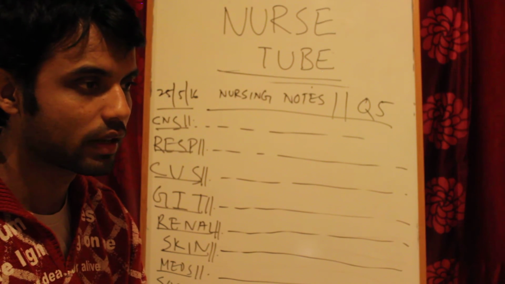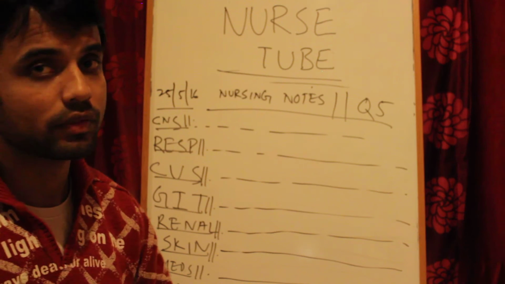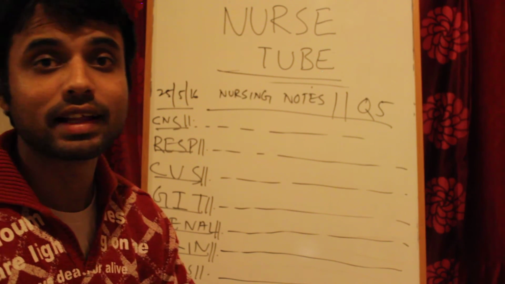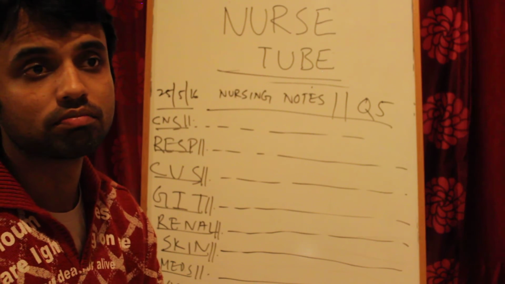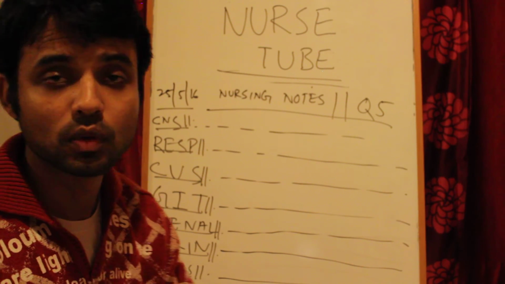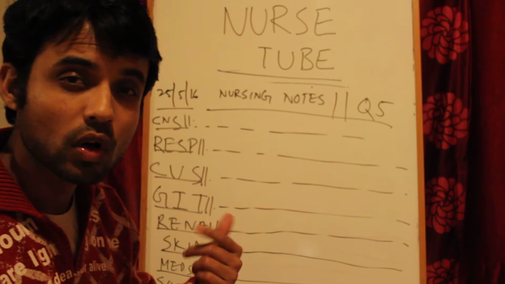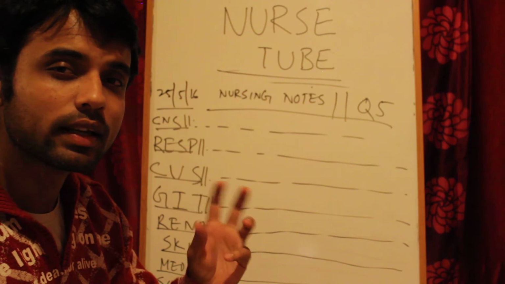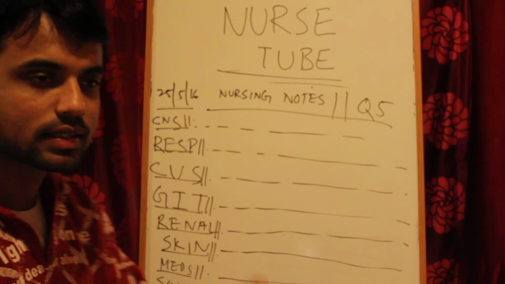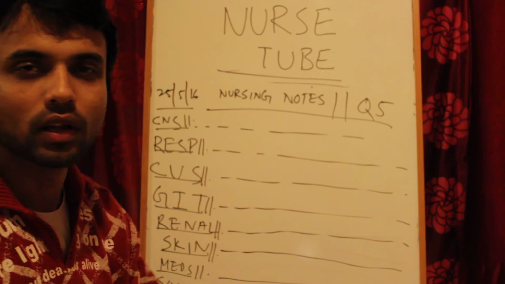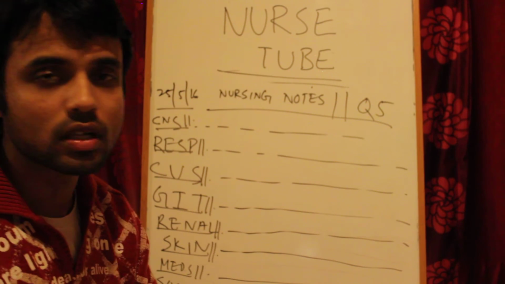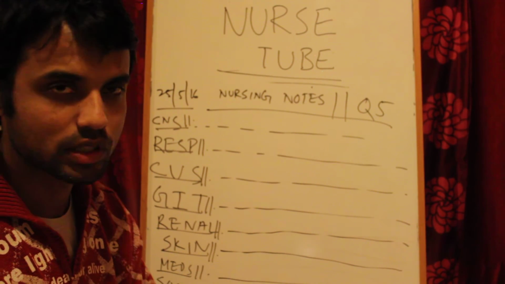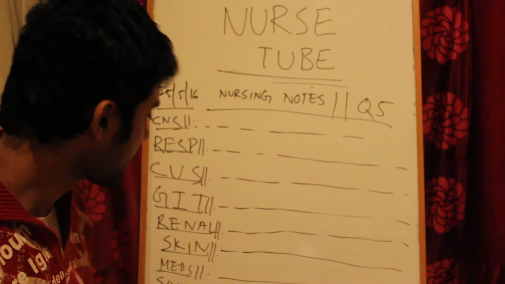So let's say if somebody's got hemicolectomy done, which is a fancy word for removal of colon, one part, a little part of the colon, not everything. Let's say the sigmoid colon, or the transverse colon, or the ascending or descending colon. So basically that's a half part of the colon removed.